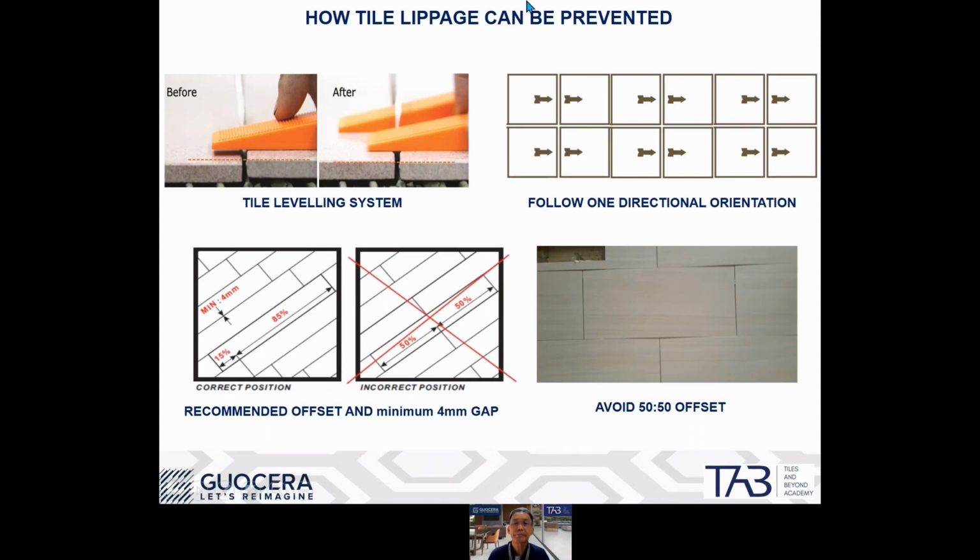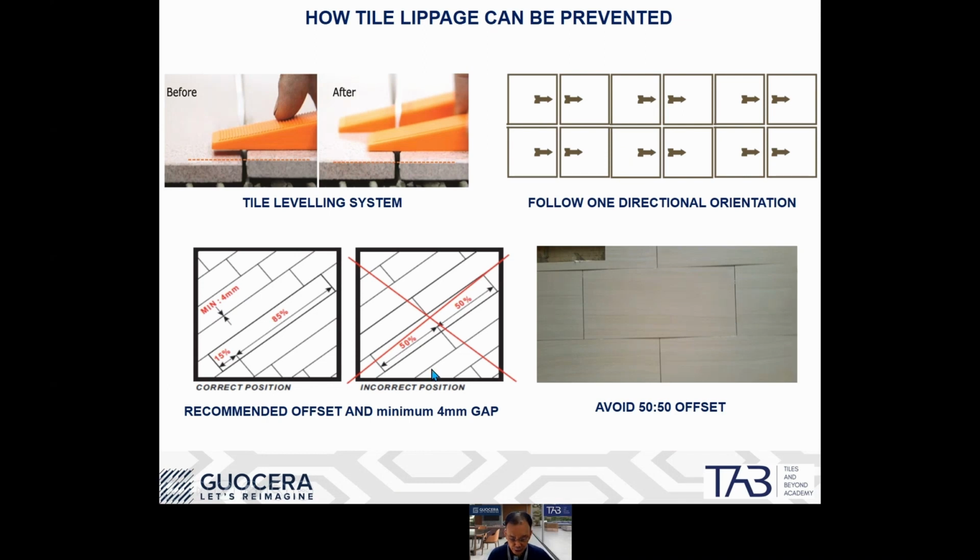Next, following the one direction orientation of the tiles. Contractors will know that if they look at the back of the tiles, there will be indication of arrows. These arrows are from the manufacturer to indicate the direction of the firing. I did have a slide to explain. If the contractor is able to align the tiles in one directional orientation, then of course the lippage will be minimized.